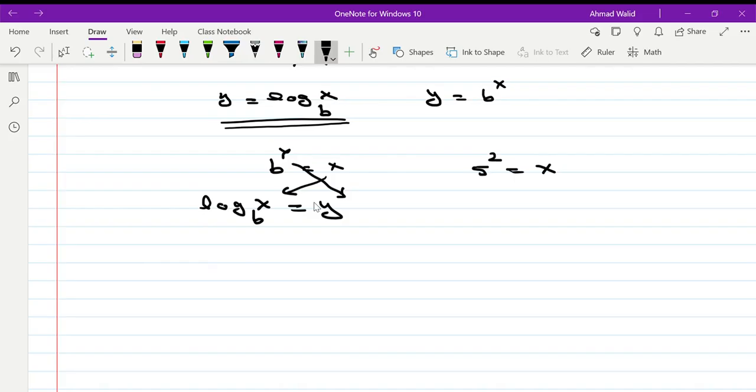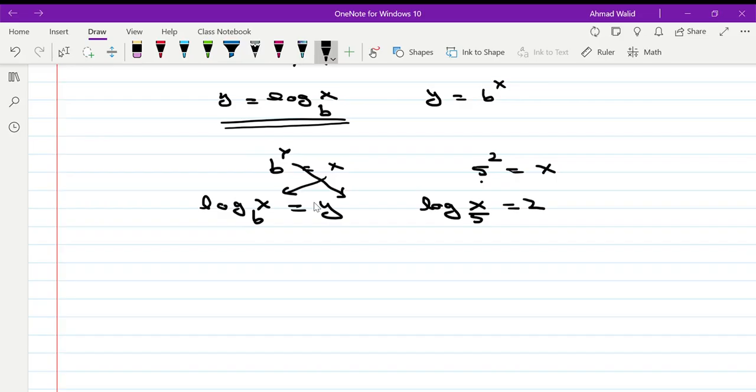What you do, put the symbol of log, bring down the base here as a base, cross, x comes here, equal sign, cut, 2 on this side, correct? X equal 5 squared in logarithmic notation, log x base 5 equals what?